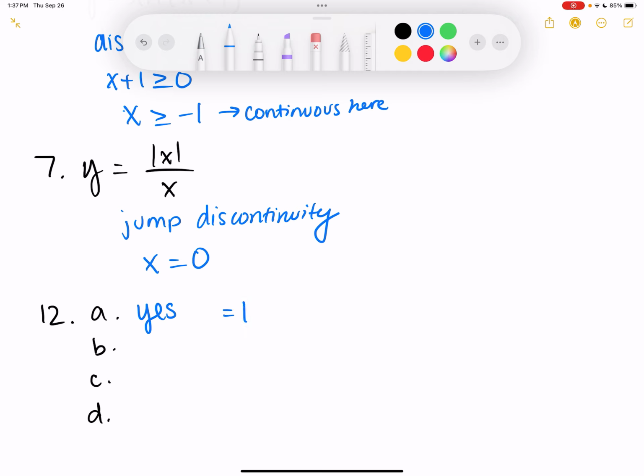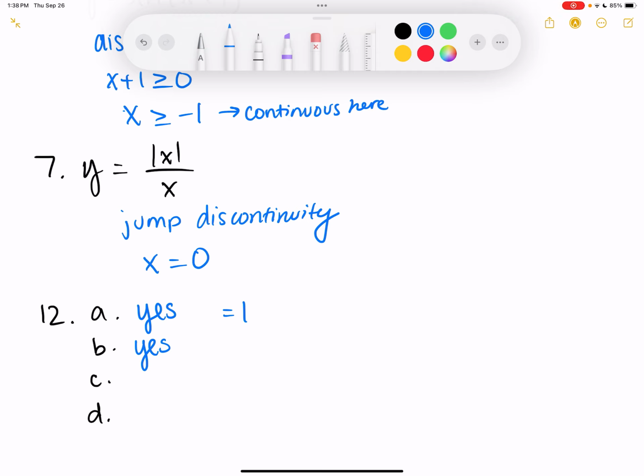Part B, does the limit as x approaches 1 of f of x exist? Yes, because we have the two-sided limit. As it's approaching 1, it doesn't have to be exactly equal to 1. If the limit on both ends was different, then it would not exist.